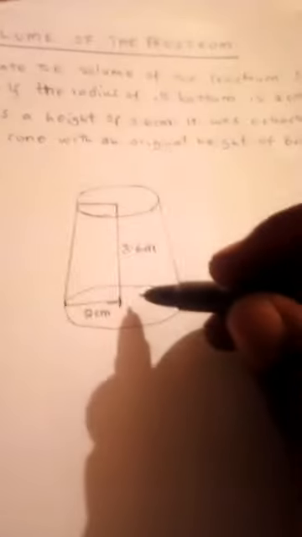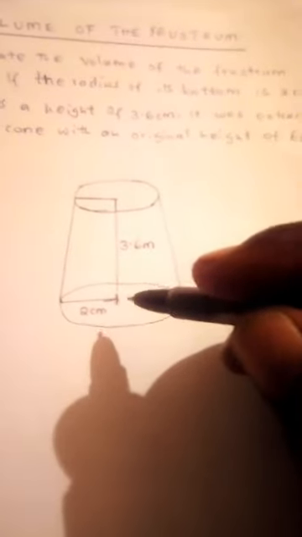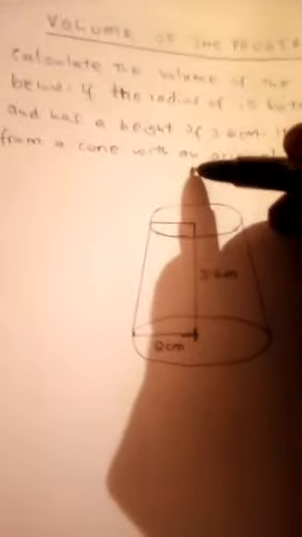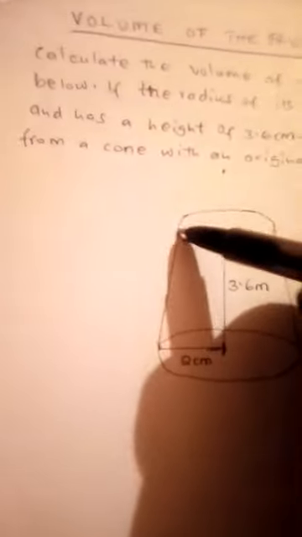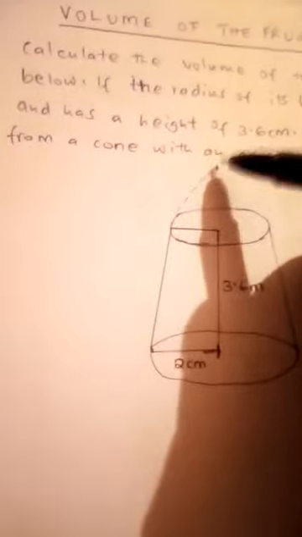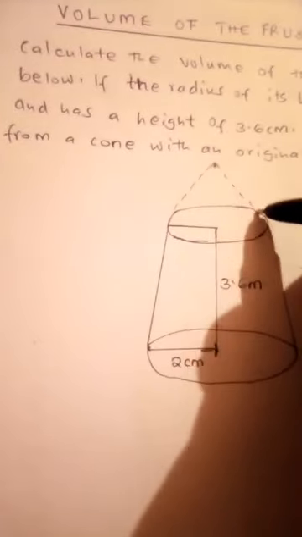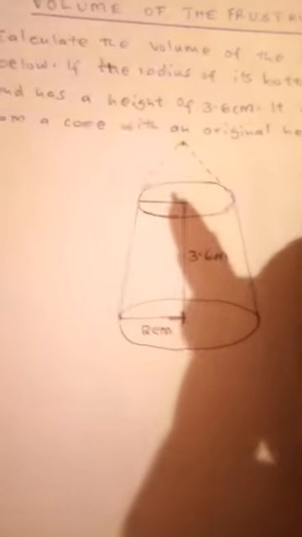This is the Frustum that we have here, and we have been told that it was extracted from a cone with a height of 6 centimeters. So let's have that original cone. We can have it by extending, like this. Then we can extend like that.